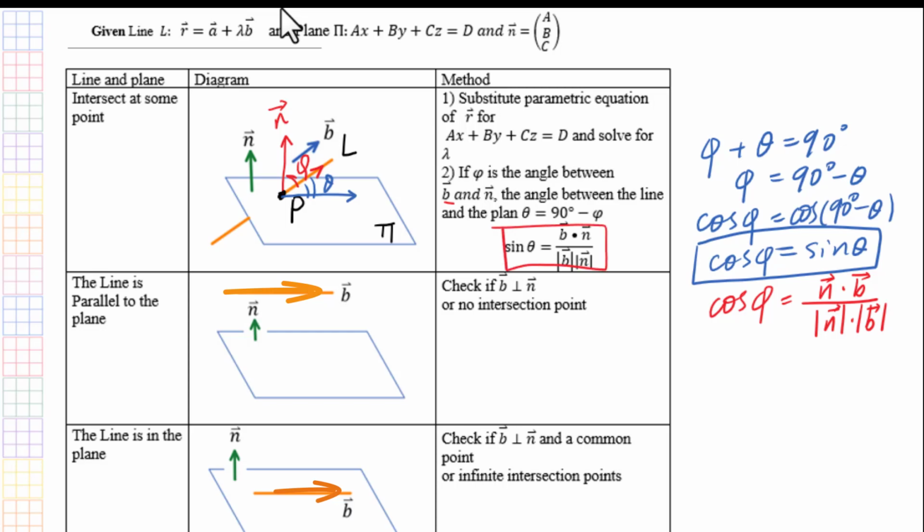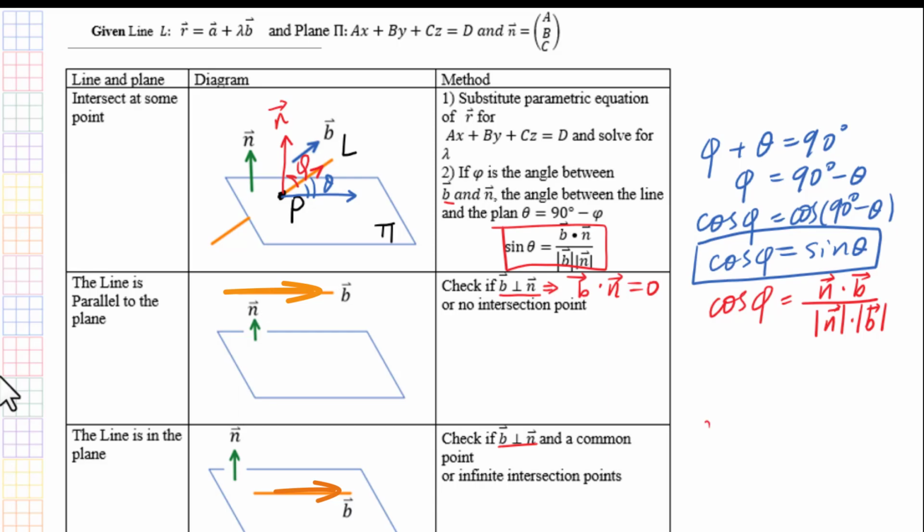When the line is parallel to the plane, vector b is perpendicular to vector n, which means vector b dot vector n equals 0. No intersection. What if the line is on the plane? Vector b is perpendicular to vector n, and there is a common point, or infinite intersection points, between the line and the plane.